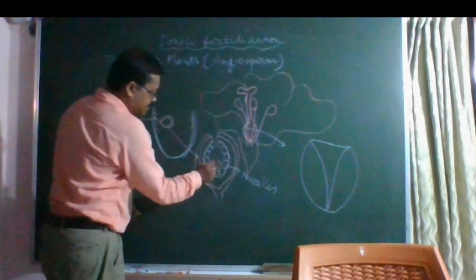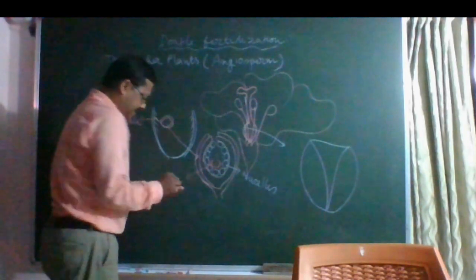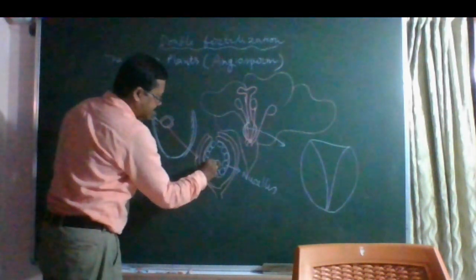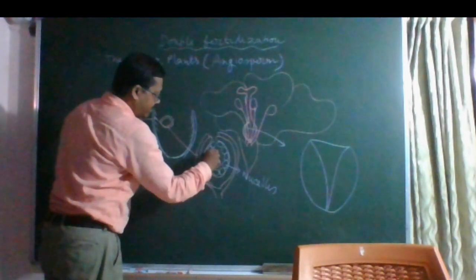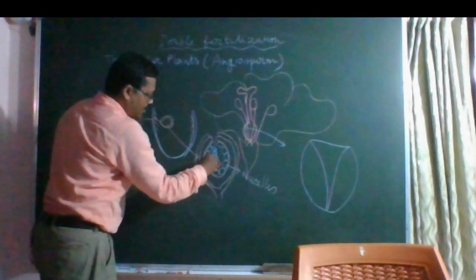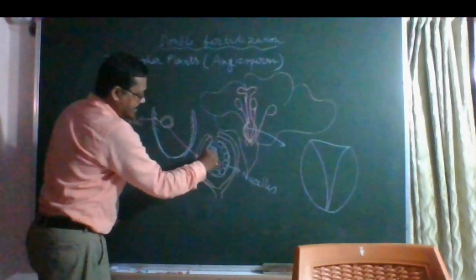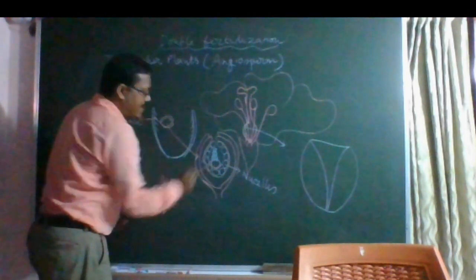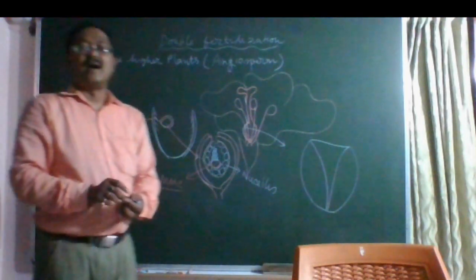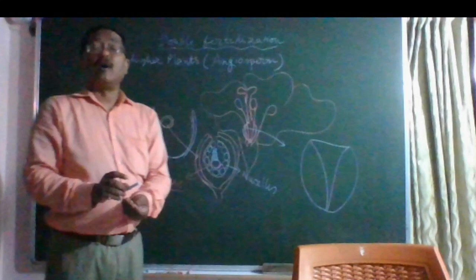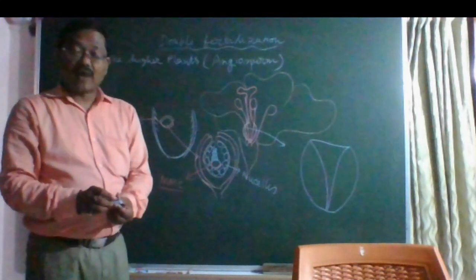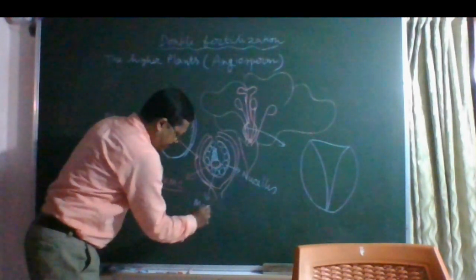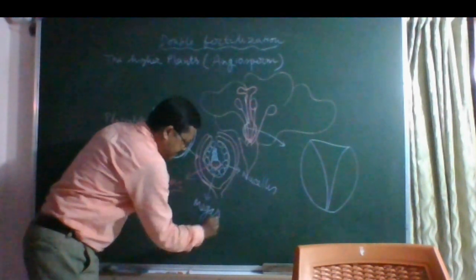Meiosis is the process by which this megaspore mother cell undergoes division and produces 4 cells. All the 3 cells degenerate and 1 cell is transformed into megaspore. This is the first cell of the female gametophyte. So this is called megaspore.